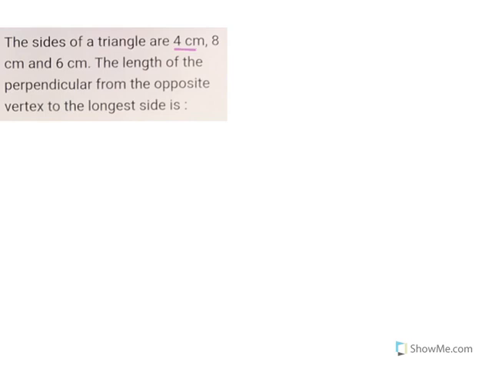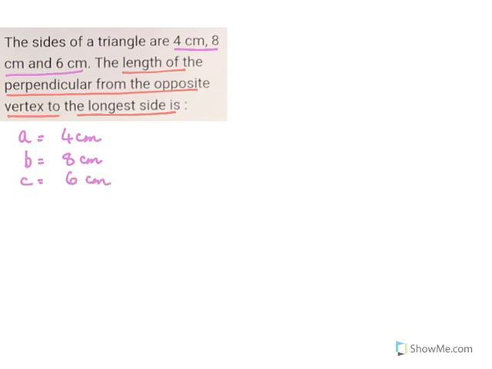The sides of a triangle are 4 centimeters, 8 centimeters and 6 centimeters. The length of the perpendicular from the opposite vertex to the longest side is? Let's first go ahead and find the area. So A is 4 centimeters, B is 8 centimeters and C is 6 centimeters.